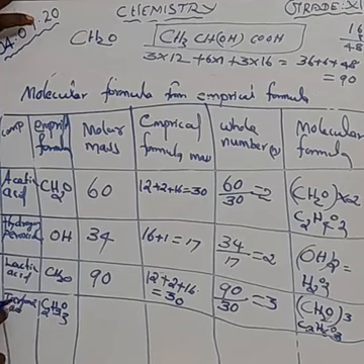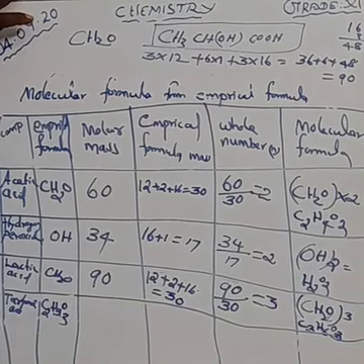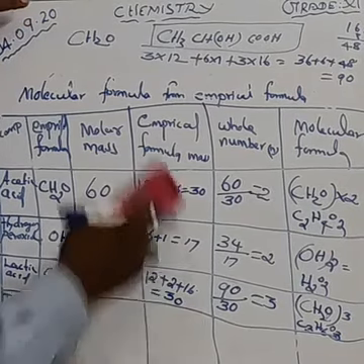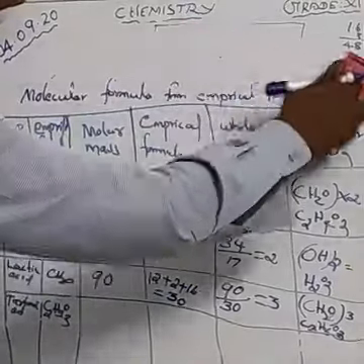This is the empirical formula for tartaric acid. What is the molar mass of tartaric acid? Okay. Here, molar mass of tartaric acid. That also you should find out. What is the molar mass?